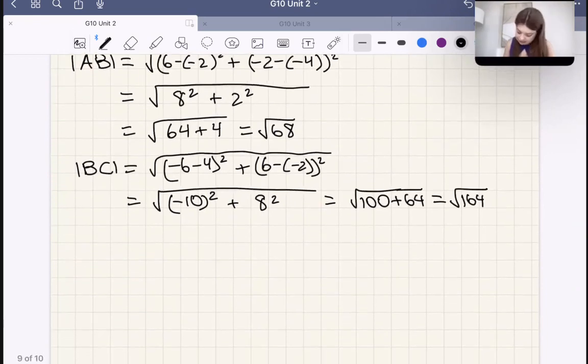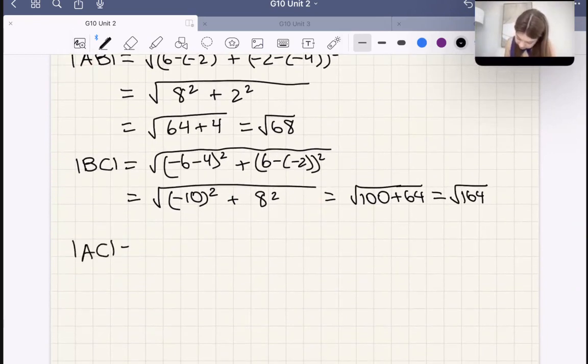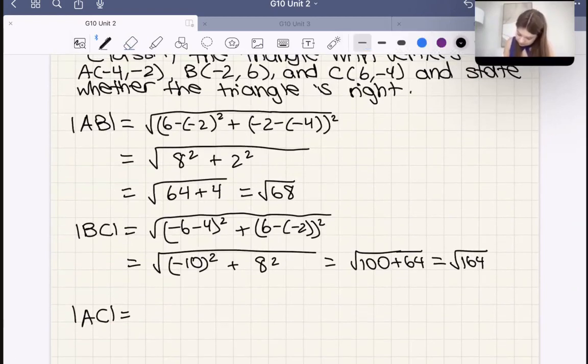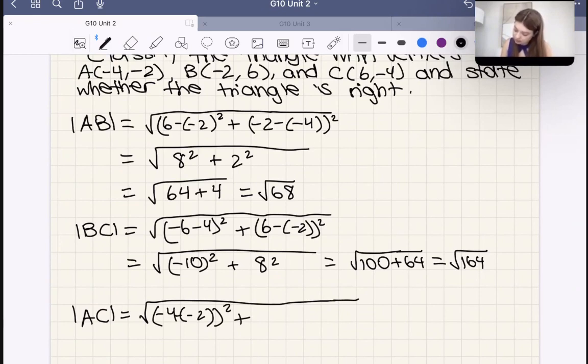Let's see with AC what AC is. Okay, so let's hope they didn't give us a second one that's right isosceles again. Let's hope we got some different ones here. Okay, so delta y squared is going to be -4 minus 2, or minus -2, sorry, squared, plus delta x. So that's going to be 6 minus -4 squared.